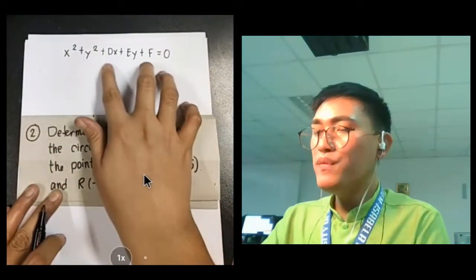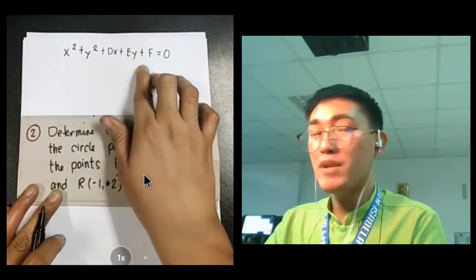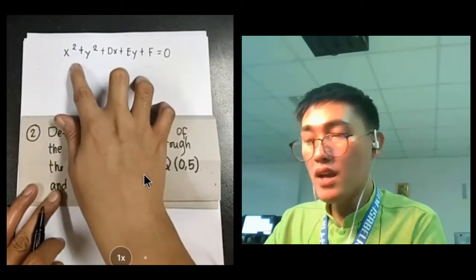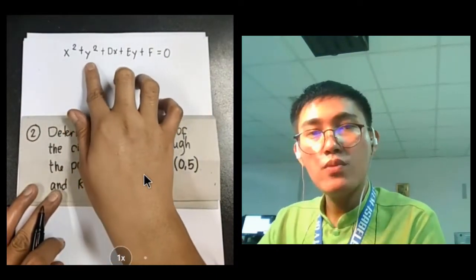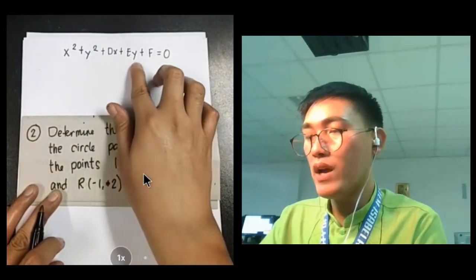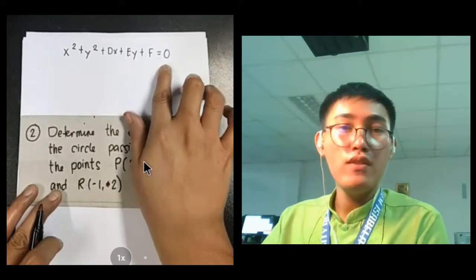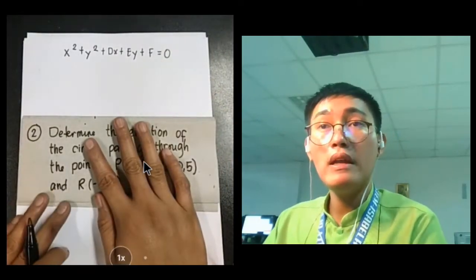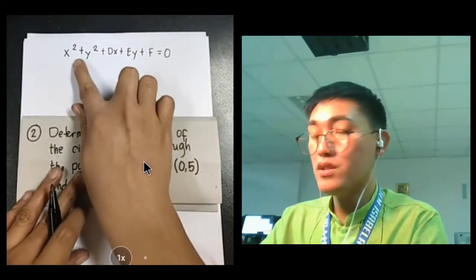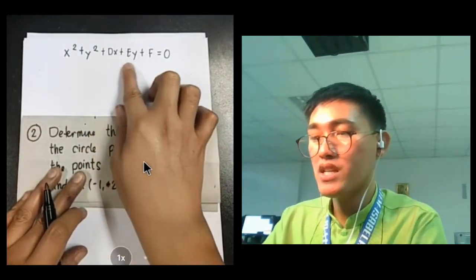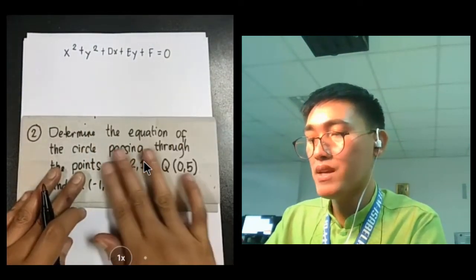By the way, all of these letters used here are arbitrary. You can change it into x squared plus y squared plus cx plus dy plus e is equal to 0. Or you can choose this one. So for us to be aligned with the e-learning example, we will use x squared plus y squared plus dx plus ey plus f is equal to 0.